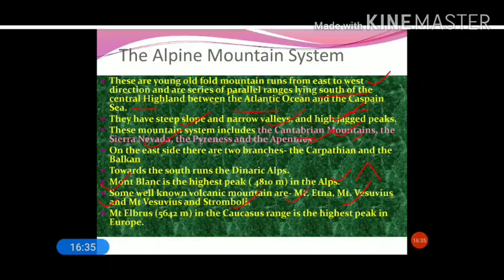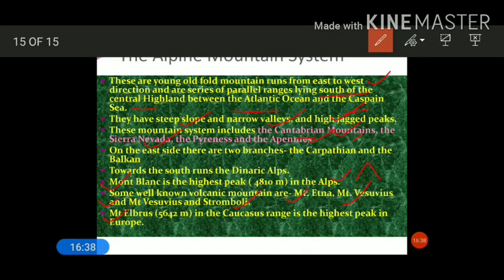This is the highest peak of Europe, which attains a height of 5,642 meters, and it is the highest peak in the Caucasus range of Europe. So important to note here is the highest peak in Europe, important mountain ranges, and important volcanic mountains. These are the main important points that you need to know.